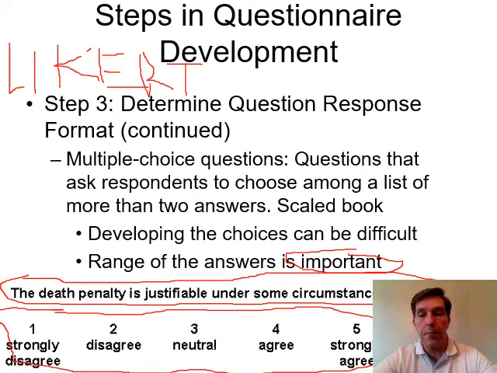If you have too many, people focus only on the extremes and they don't use the middle points. So if you have 100 points, people are probably not going to use them. And if you only have 2, there is not enough variation in there for them to give you accurate information. 5 to 7, I would say, is a good range of values. So if you use a Likert scale, I would suggest between 5 and 7.